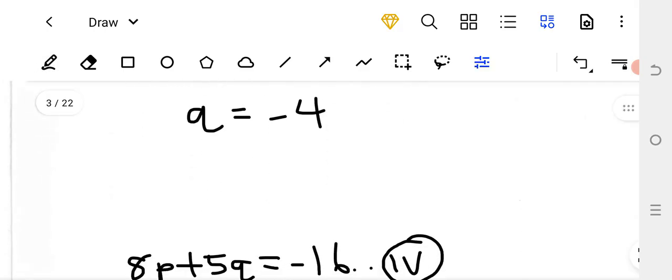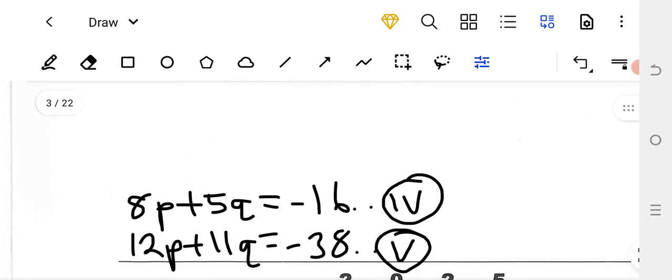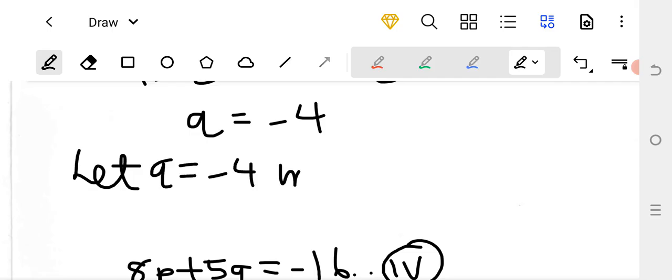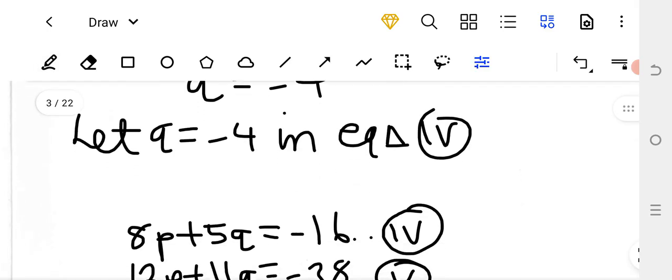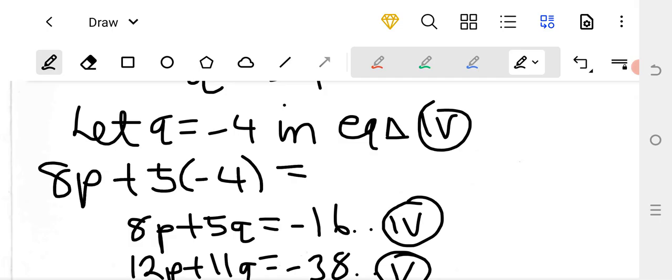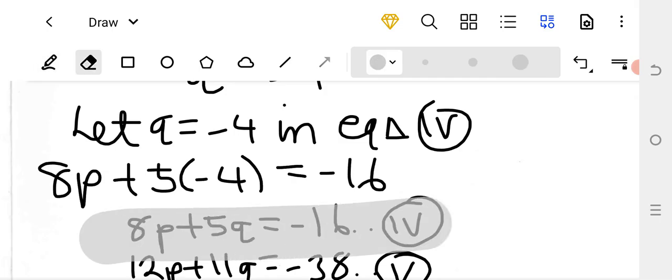After you find your Q, you are now going to say let Q be equal to negative 4 in equation 4. So it's going to be 8p plus 5 multiplied by negative 4 is equal to negative 16, because that is your equation 4, as you can see there.